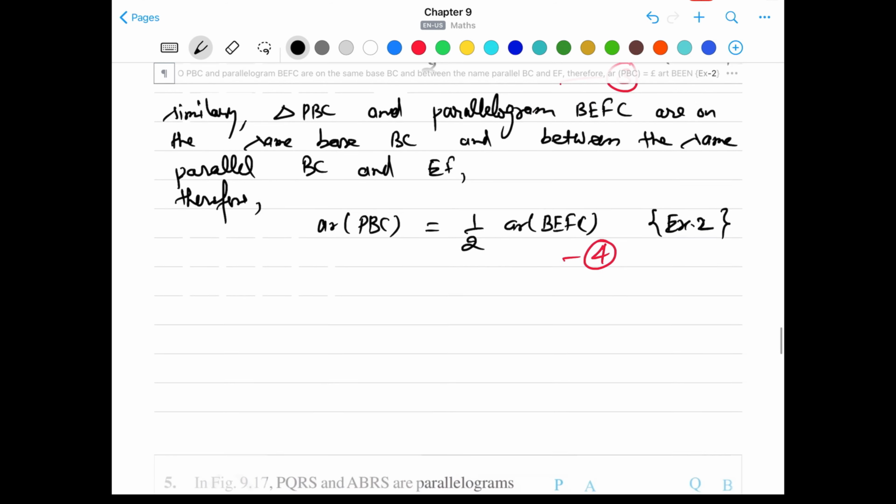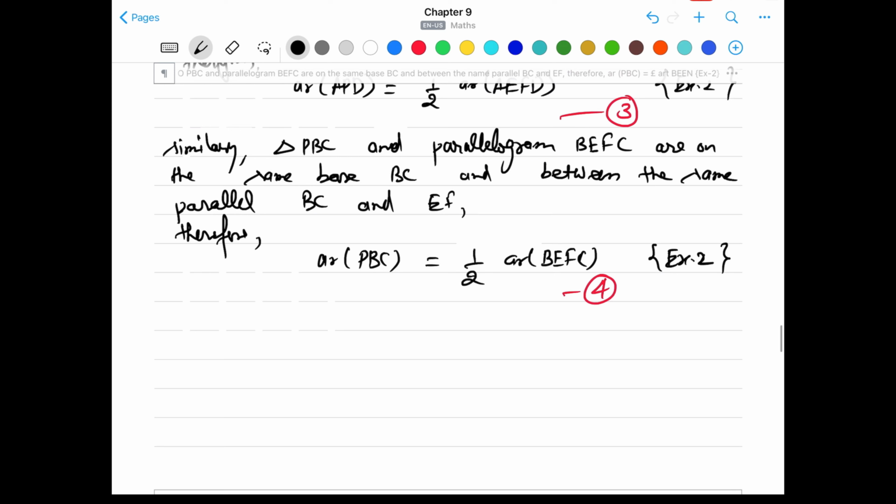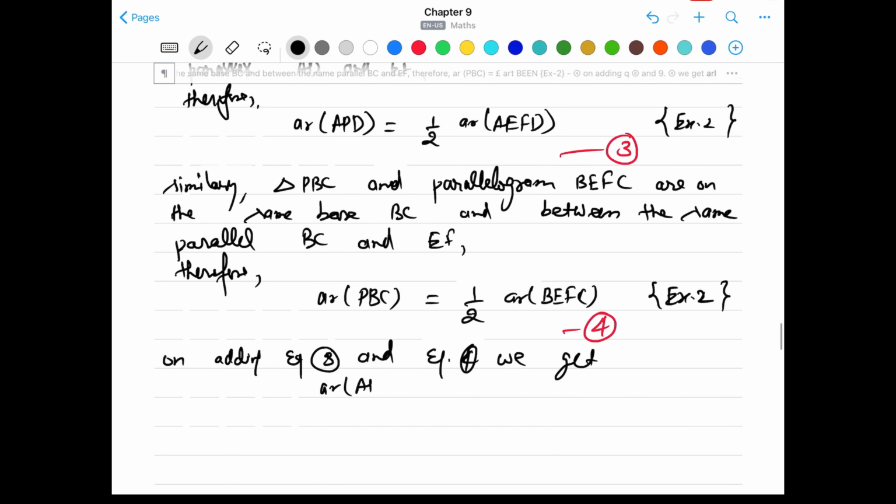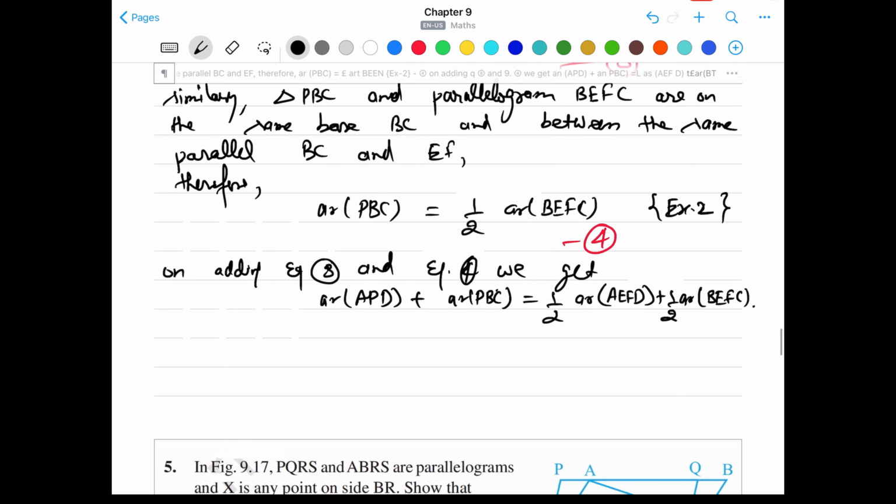Now on adding equation 3 and equation 4 we get the area of the first triangle APD plus area of triangle PBC equal to half the area of the parallelogram AEFD plus half the area of the parallelogram BEFC.